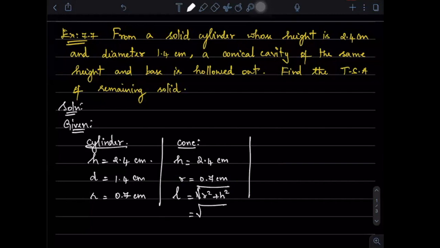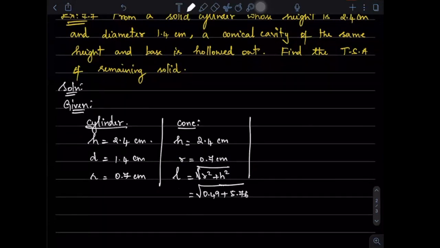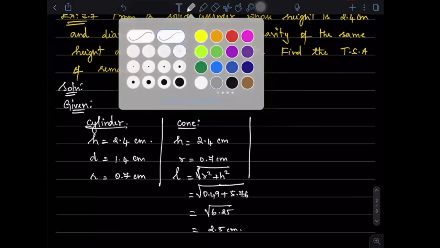Root over 0.49 plus 5.76, I think, that is 2.4 whole square, which is equal to root 6.25. So the value of root 6.25 is 2.5 centimeters. This calculation is important, and what is more important? Drawing the diagram.